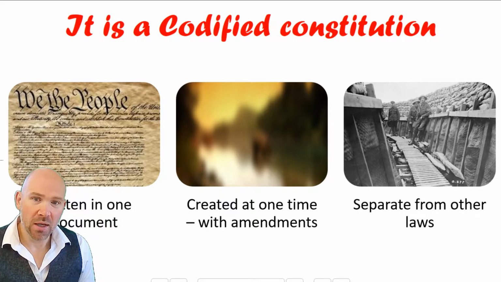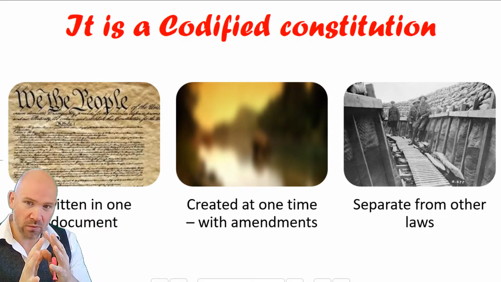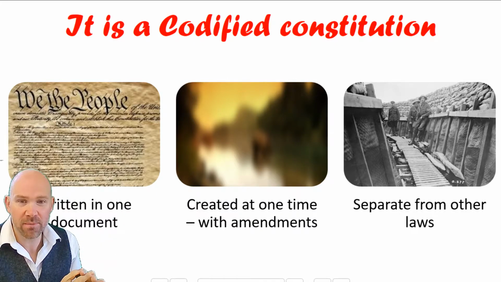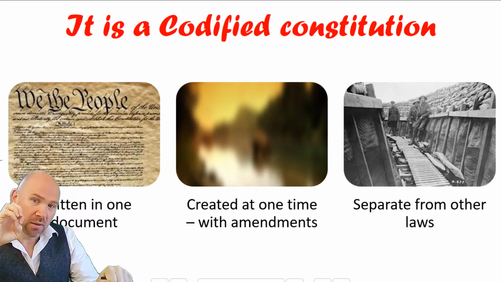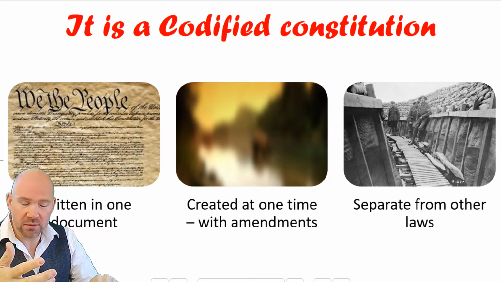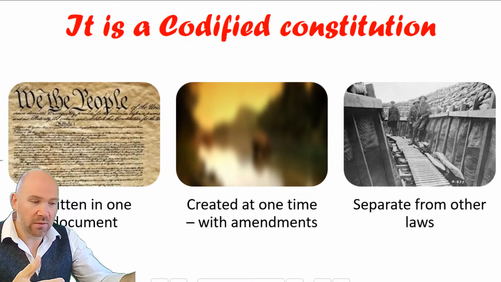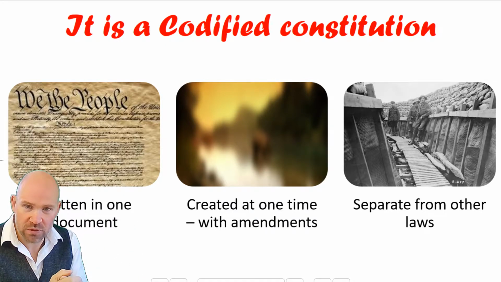And lastly, a codified constitution is separate from all other laws. Now, you could use the word entrenched here to describe this, which is why I've got that picture there. But what I mean is there is a clear distinction between constitutional laws, like the powers of the president, and other laws, like the law on abortion, like the law on taxes or something like that.